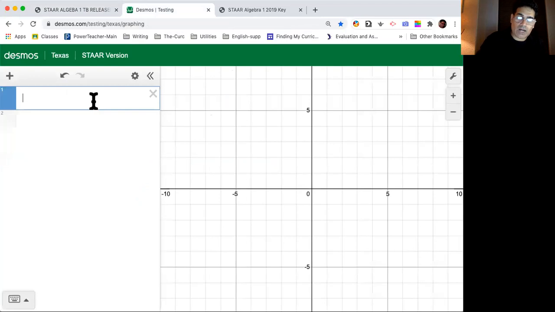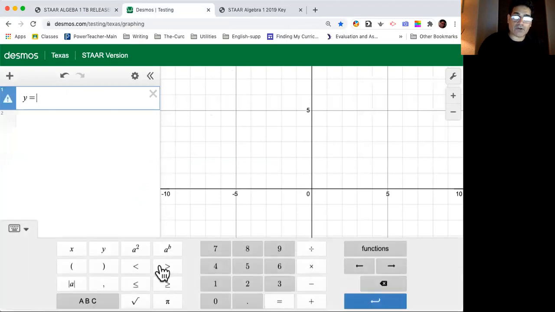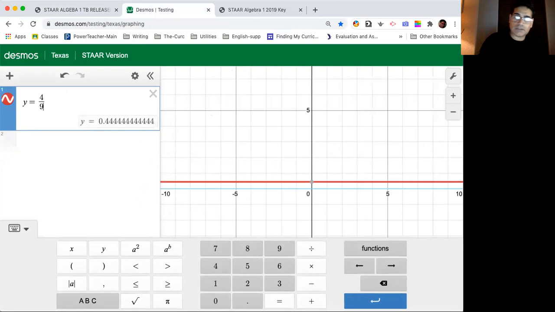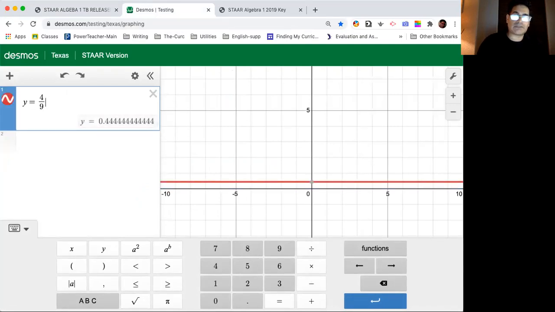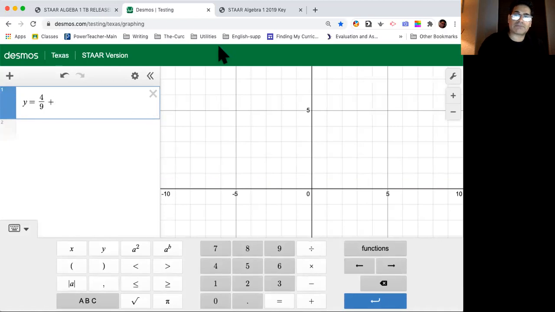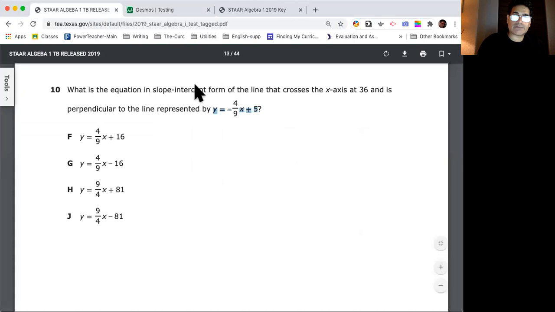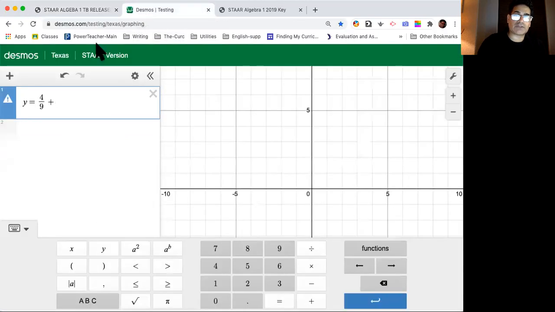So it's just y equals, and then we have our keyboard, hit the divider for a 4/9. I think that was positive, right? So when that happens, you bring it out here, you do your plus, 4/9x plus 5. Don't forget your x. 4/9x plus 5, or otherwise it won't work.